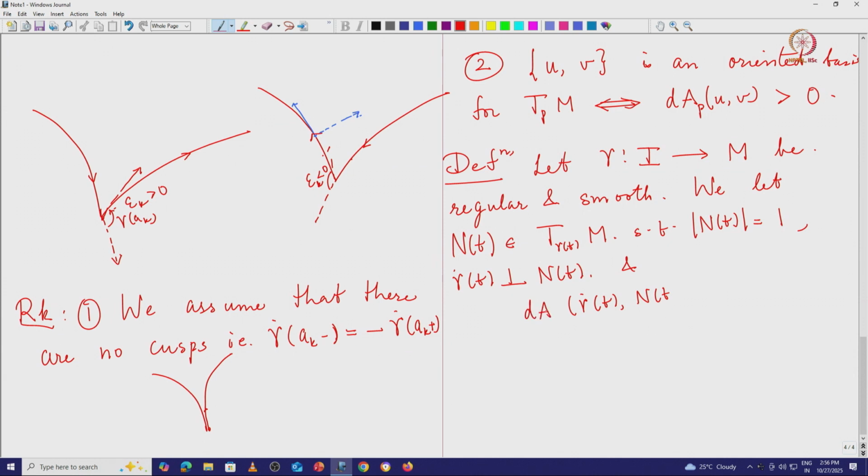So if you apply the area element to these two, that is positive, i.e. this is an oriented basis.